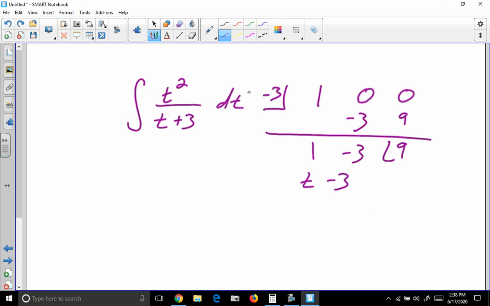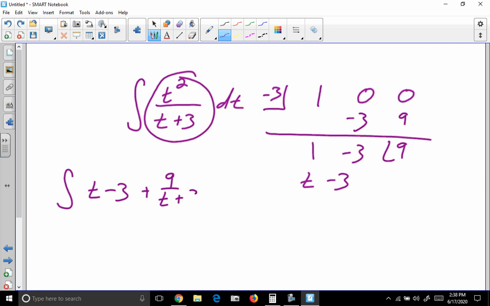So we just did synthetic division for this to be rewritten as t minus 3 plus 9 over t plus 3 dt. The quotient plus the remainder over the divisor. And then we can integrate this. T to the 1 bigger power over that power minus 3.